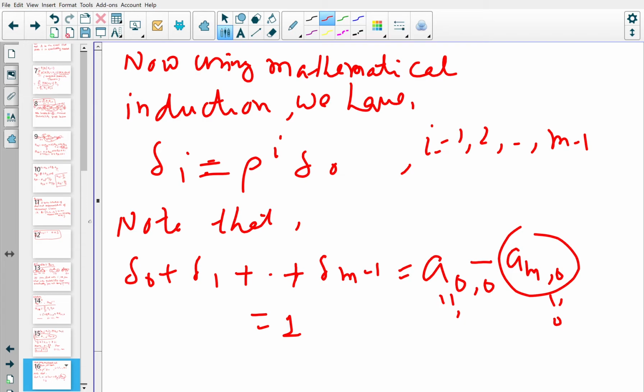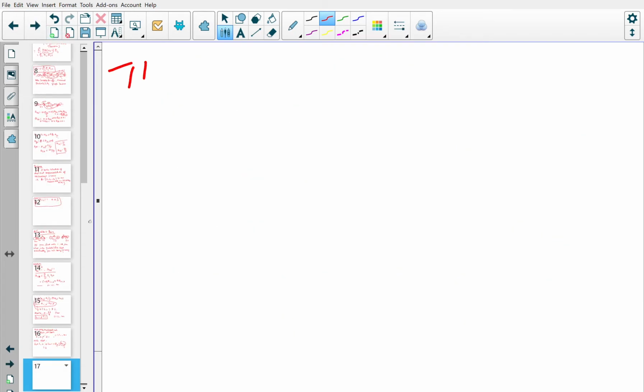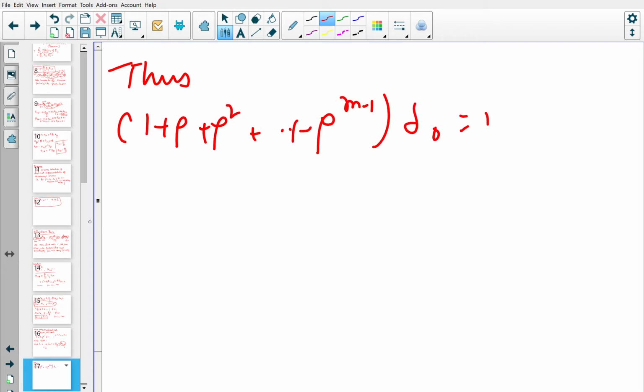So this sum is 1 means what? You just replace the value of delta_i in this equation, and you get something in terms of rho to the power i. Thus you have (1 plus rho plus rho squared and so on up to rho to the power M minus 1) times delta_0 equal to 1, right? I just substitute the value of delta_i into the above equation.